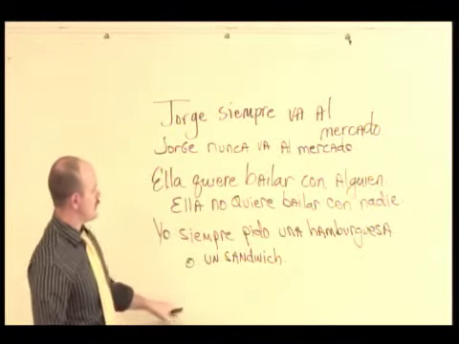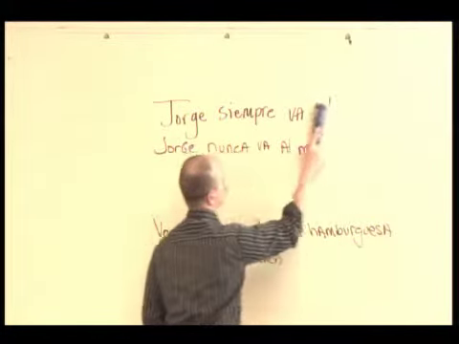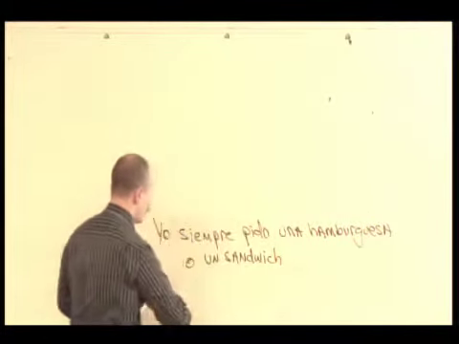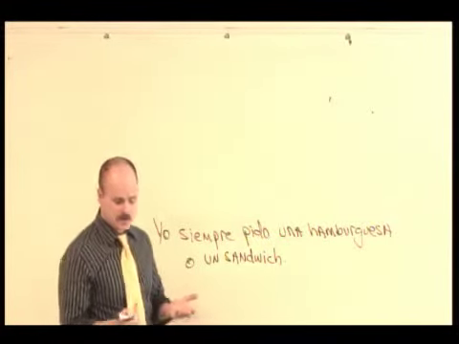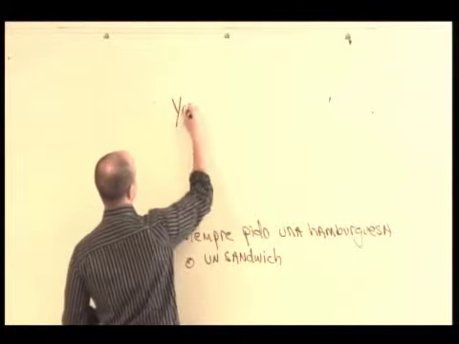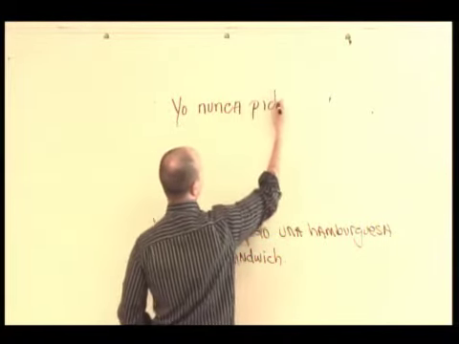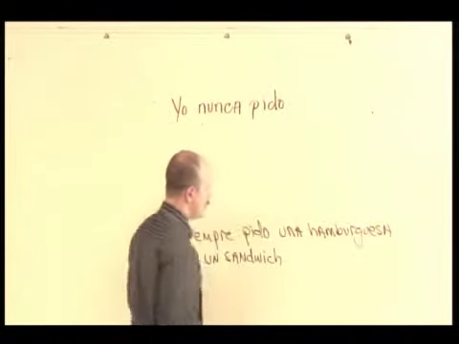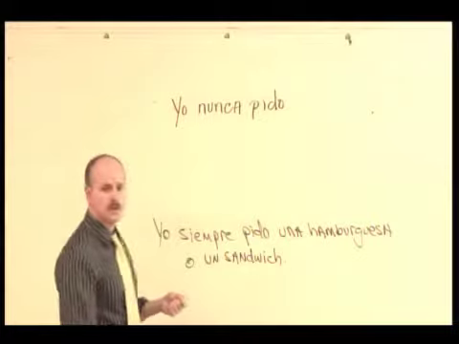This last sentence, yo siempre pido una hamburguesa o un sándwich. So I always order a hamburger or a sandwich. We're going to say, yo nunca, I never pido. And because we have this una hamburguesa o un sándwich, our best way to do this is to use this word ni.